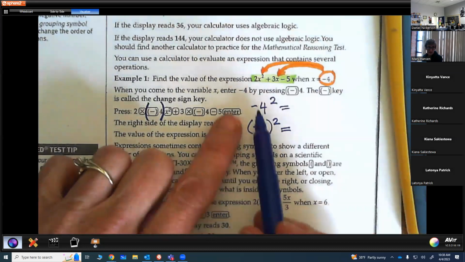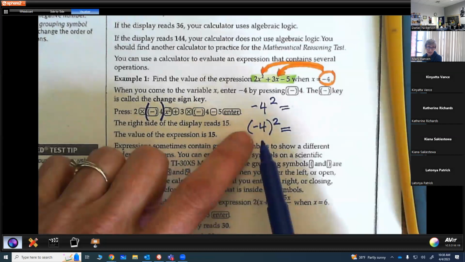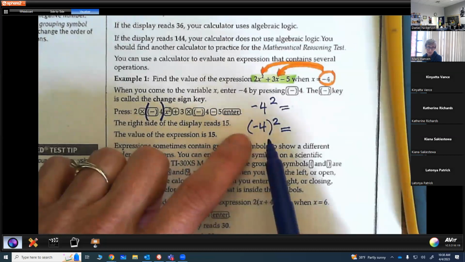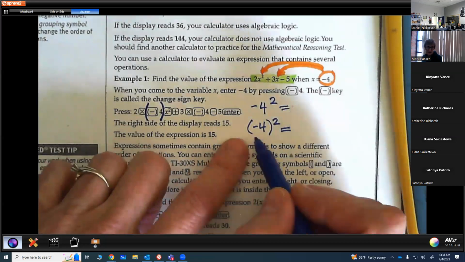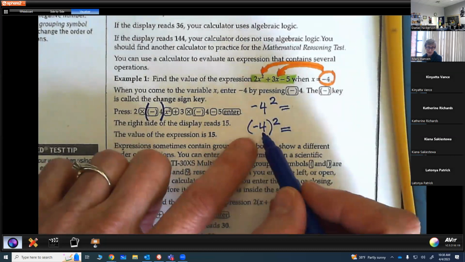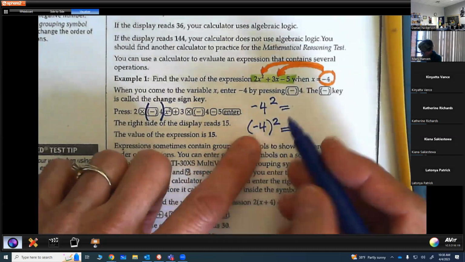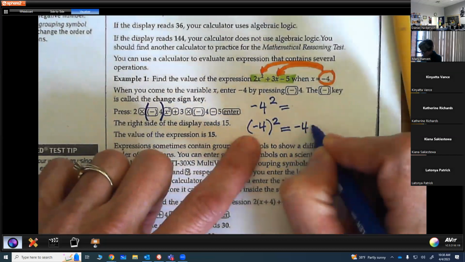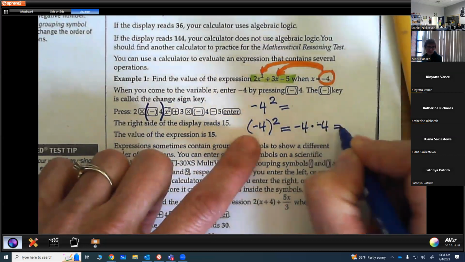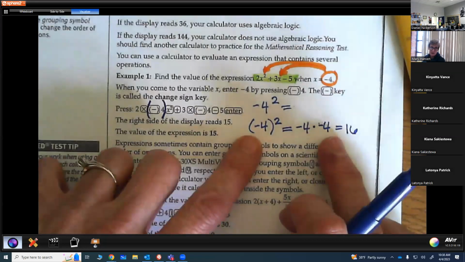While these look the same, the only difference between the first line and the second line is I have parentheses around the second one. This bottom one with the parentheses says, take the quantity -4 and square it. So that means -4 times -4, which is +16, because a negative times a negative, when the signs are the same, the answer is positive.